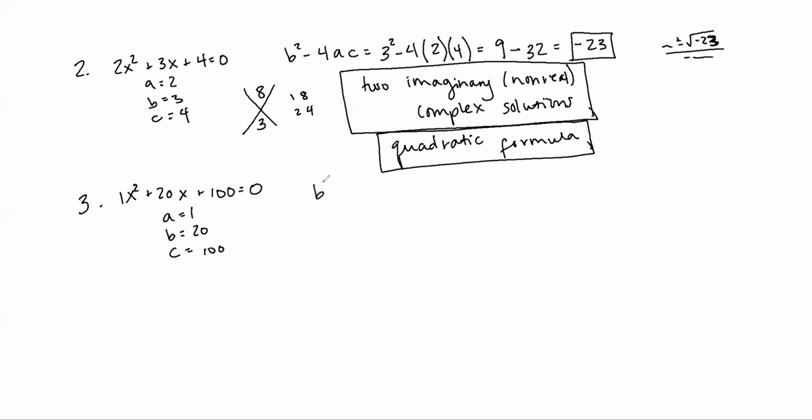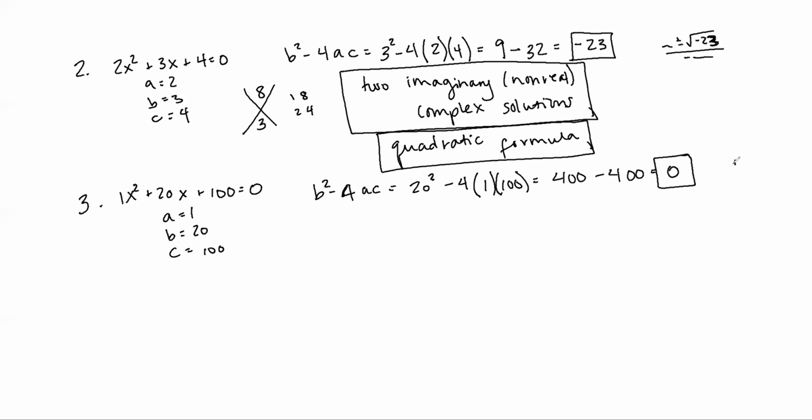And if we find our discriminant, it's b squared minus 4ac. B squared, we have 20 squared minus 4 times A is 1, C is 100. And simplifying this, we have 20 squared is 400. Now minus another 400. This is 0.